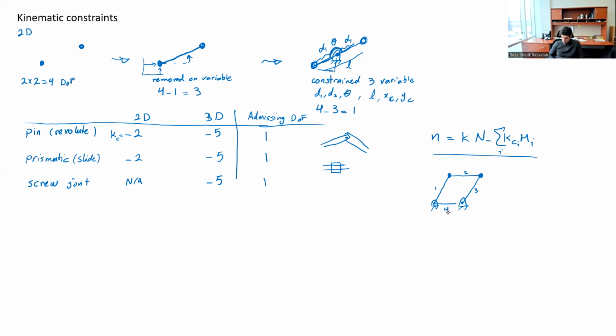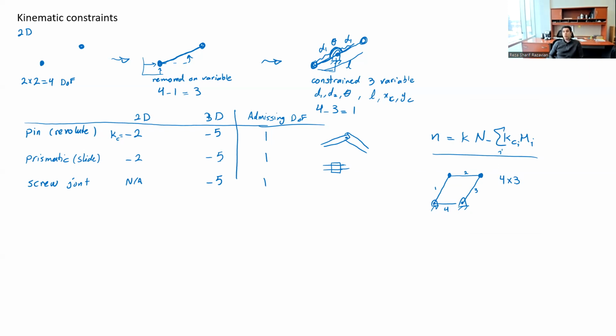Let me see. Am I doing it right? No, I don't need to consider that. This is called a 4-bar mechanism because the ground is also considered an object. So it's in 2D. I have 1, 2, 3, 4 bodies, each of them 3 degrees of freedom.